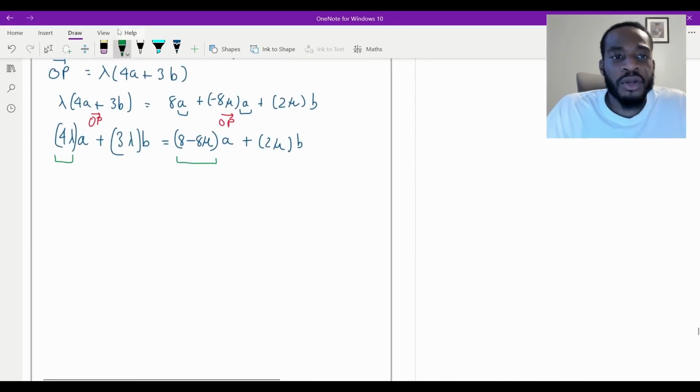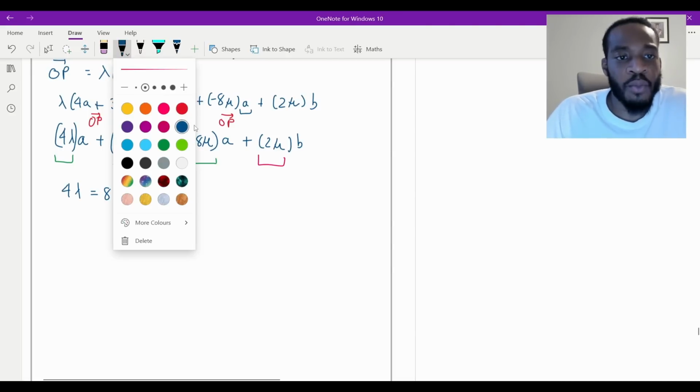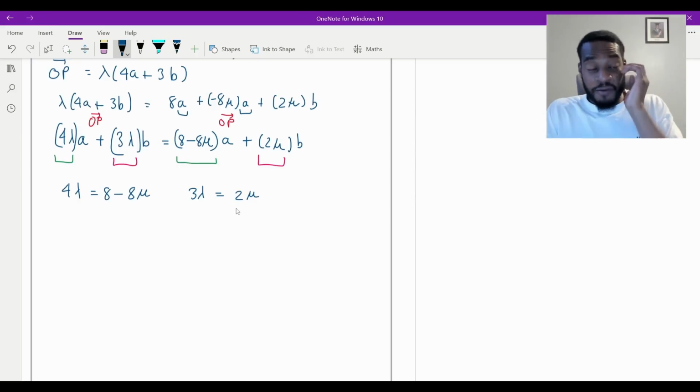So I'm going to be clever, and say these two must be equal if these are the same vector. So 4 lambda is equal to 8 minus 8 mu. And then I'm going to equate these two. This one and that one have to be the same as well, the components for B. So 3 lambda is going to equal 2 mu. Now remember, we want to figure out what lambda is.